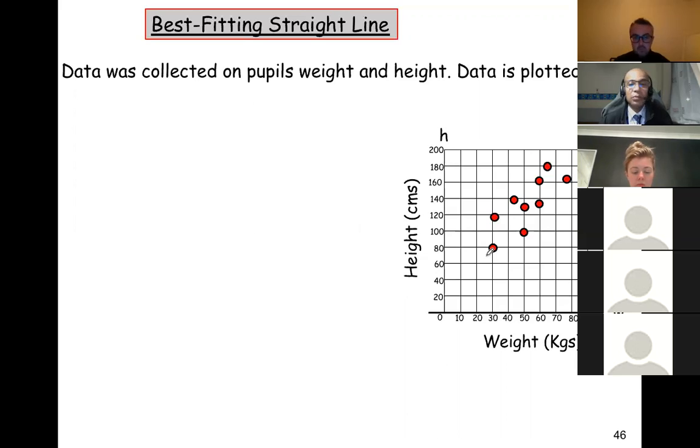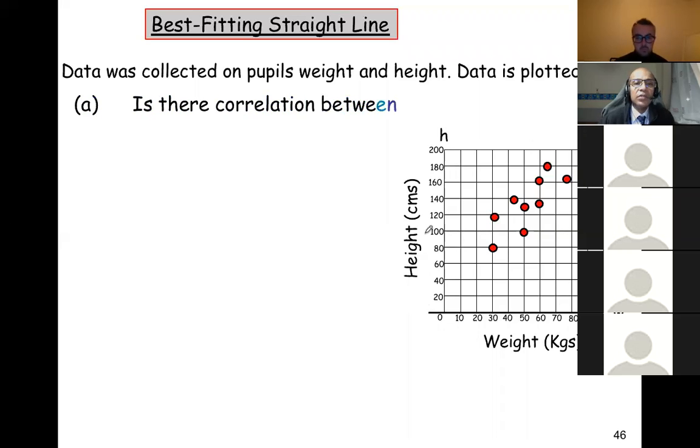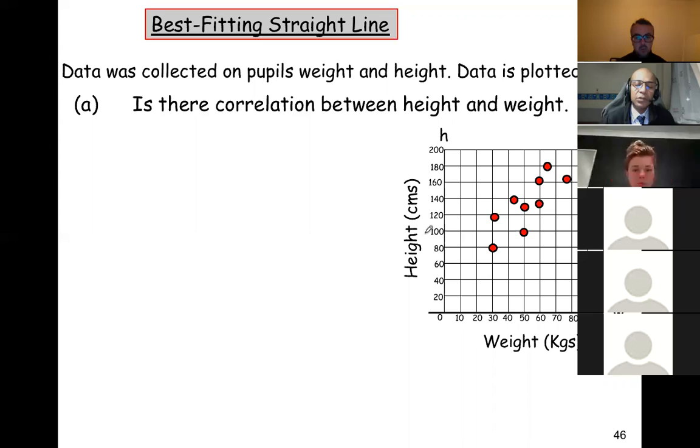When you plot data, especially in science, in this case we've been trying to plot the weight in kilograms based on the height. So it could be some people. Now the first thing you will ask yourself is, is there a correlation between weight and height?